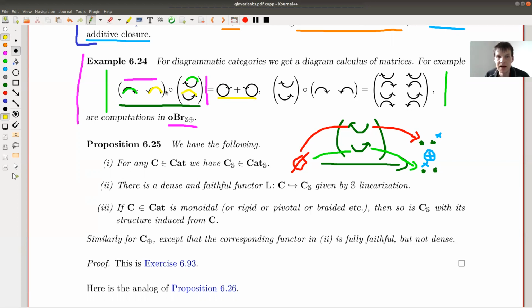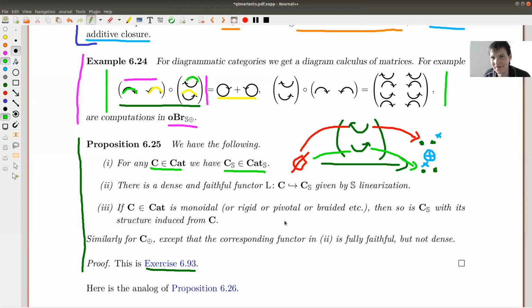Okay. The main point about this construction is this proposition. The proof is actually an exercise. It's not so hard, so let me just go through it. If you have a linear category, its linear extension is a linear category.